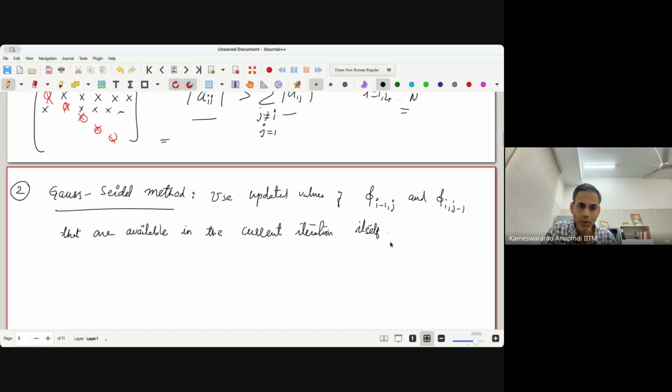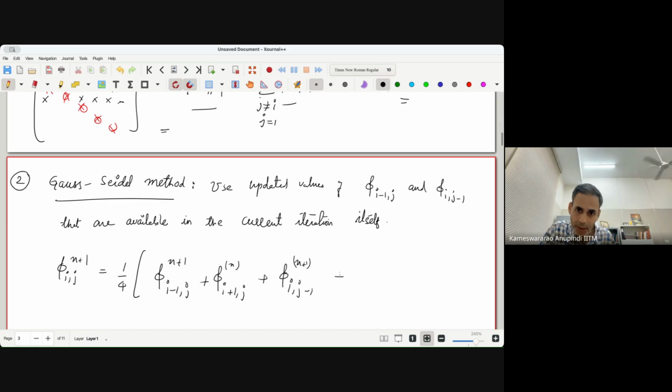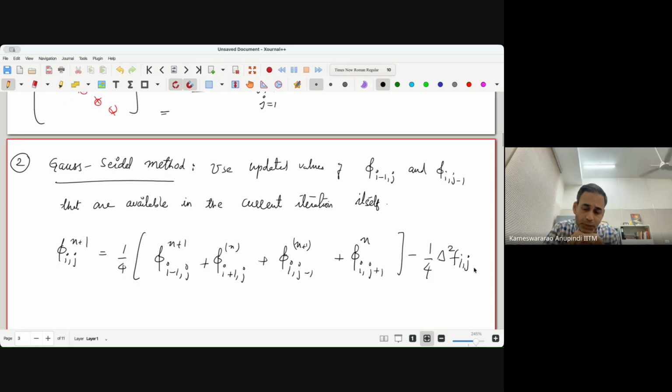So phi ij at n plus 1 is going to be 1 by 4 of phi i minus 1, j at n plus 1, plus phi i plus 1, j at n, because this is not yet updated, plus phi i, j minus 1 at n plus 1, this is already updated, plus phi i, j plus 1, this is the one above us, still available as the old value, minus 1 by 4 del square f ij. So use these updated values.